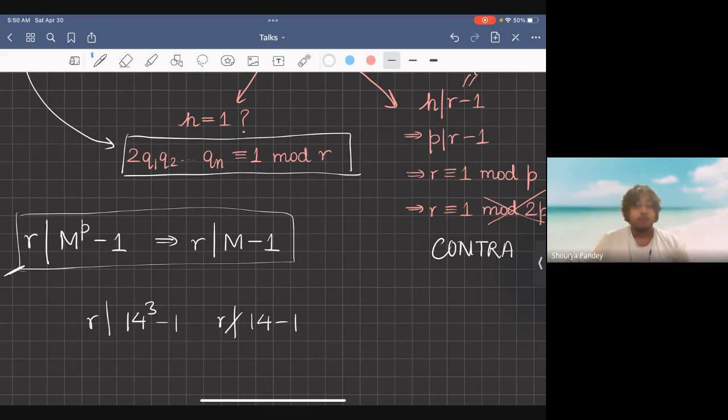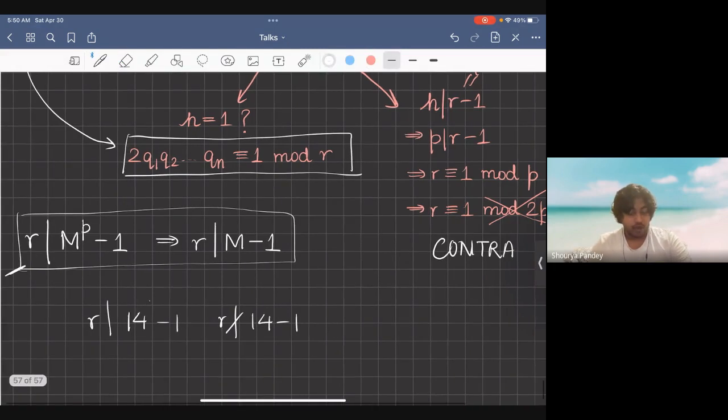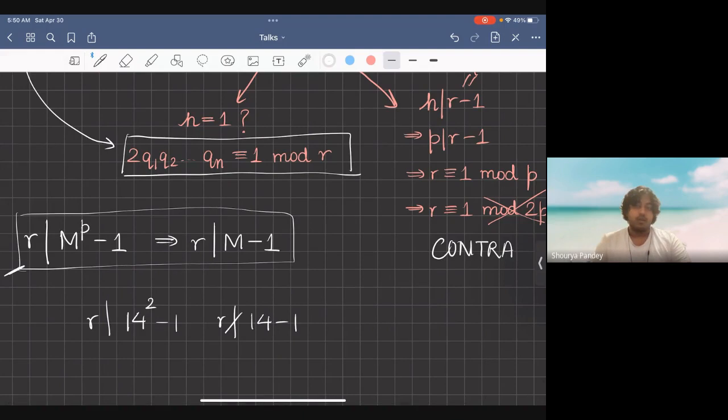This is all I need for a contradiction. How do I find such an r? Like, what would your first intuition be? Okay, maybe let's change this to square. What's your first intuition in order to find such an r? There is such an r, right? Can you tell me what such an r is?